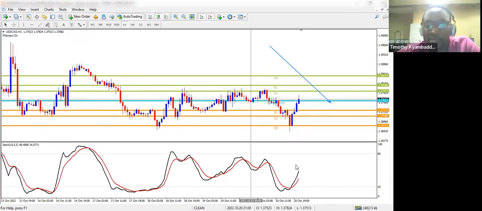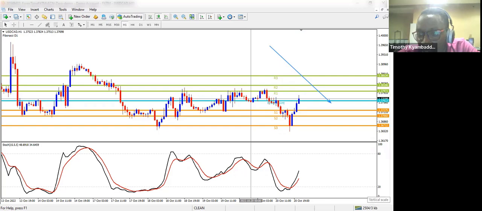So this is my RSI, and honestly, my personal preference among the oscillators is to use the stochastic. And just like the RSI, you will see that it is an oscillator. It bounces between 0 and 100.